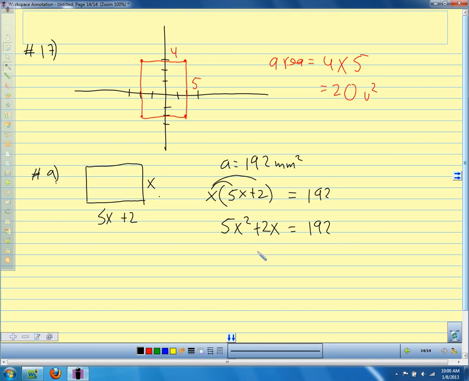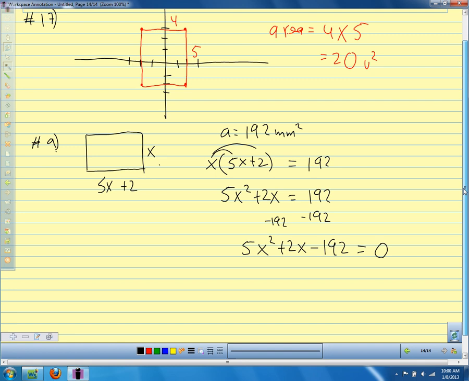We have an x squared and an x and a number. What do we have to do? It involves the exponents, but there's a particular thing we have to do to solve this kind of equation. We have to get everything on one side and 0 on the other. So I'm going to subtract 192 from both sides. I get 5x squared plus 2x minus 192 equals 0.